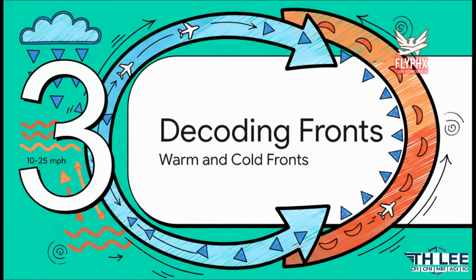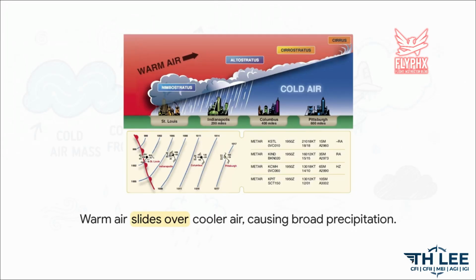Section 3, decoding warm and cold fronts. We're zooming in now on the two most common types of fronts. Remember, fronts are always named according to the temperature of the advancing air. So when warm air moves in to displace cold air at a somewhat sluggish 10 to 25 miles per hour, you get a warm front. Think about the mechanics at play here.